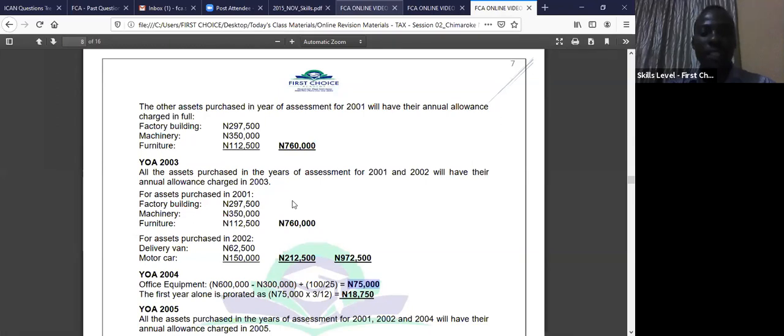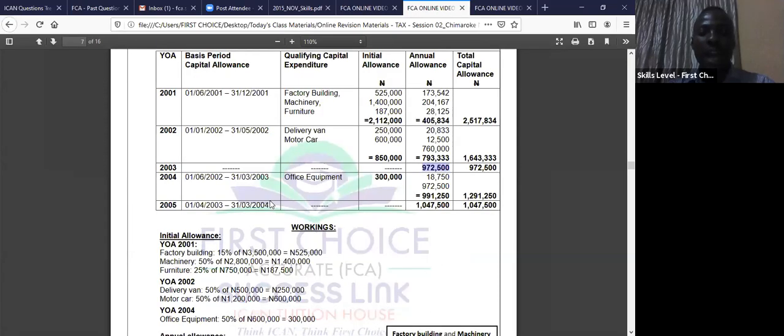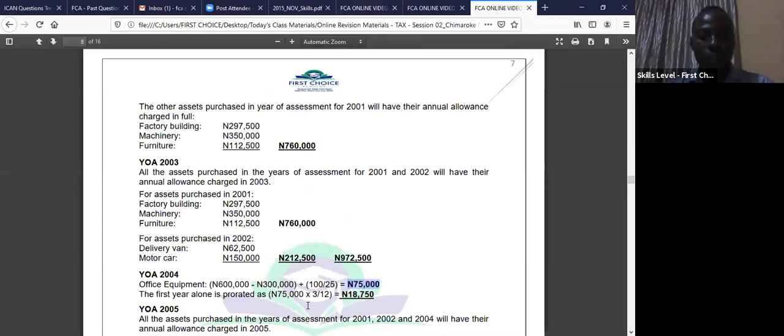This is January, and the basis period ends in March. So we use it January, February, March, 3 months out of 12. So we get 18,750. That is your annual allowance.